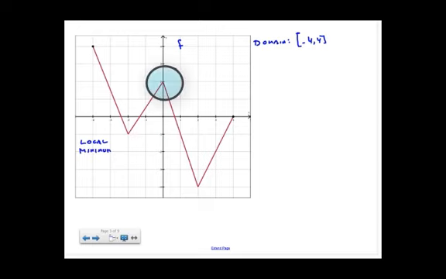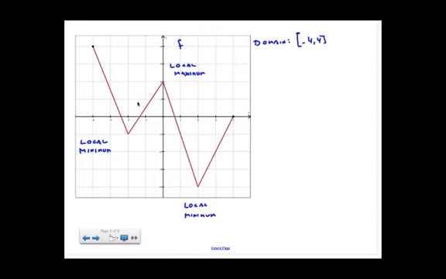Similarly, this point here at (0, 2), we would call a local maximum. In a neighborhood of x equals 0, that point has the highest y value of all other y values in the neighborhood. This point here at (2, -4) is also going to be a local minimum because in a neighborhood of x equals 2, that point has the smallest y value.